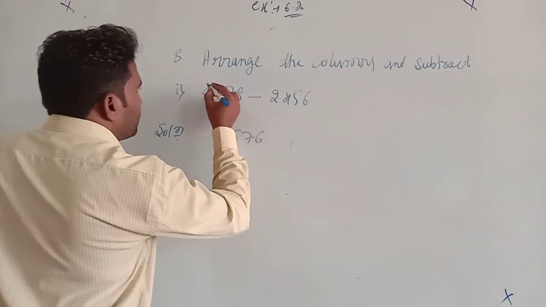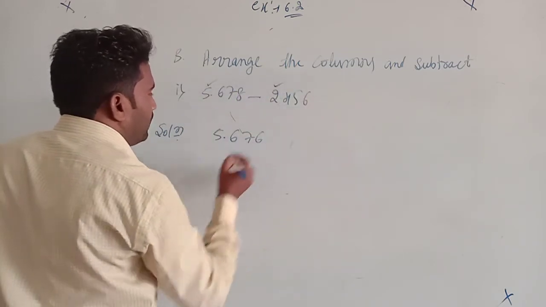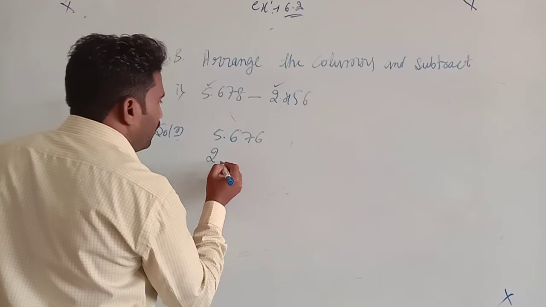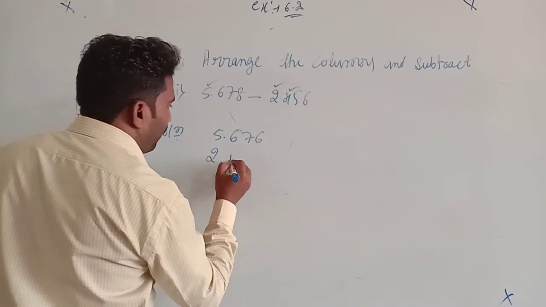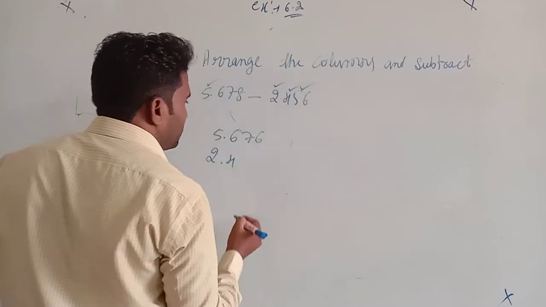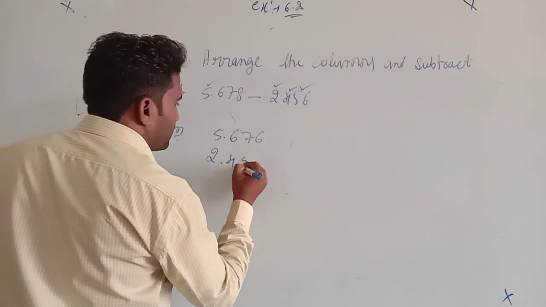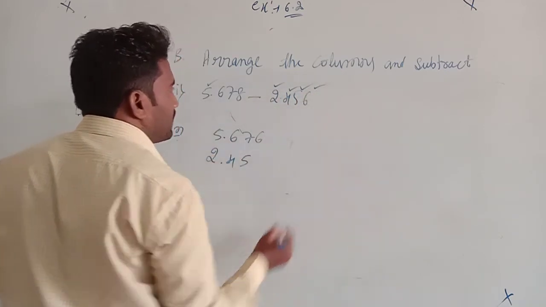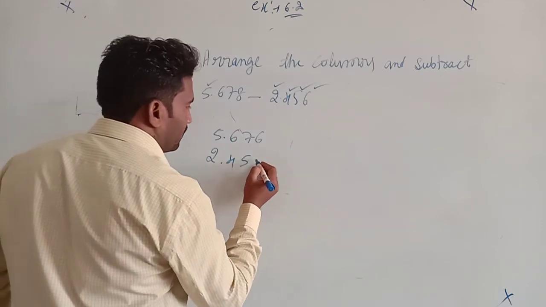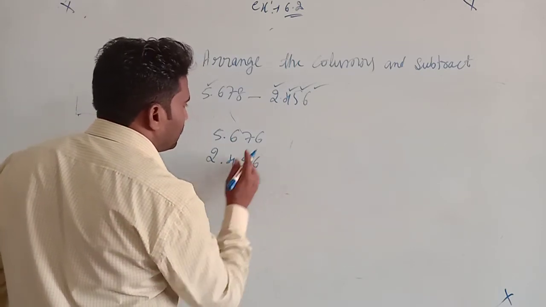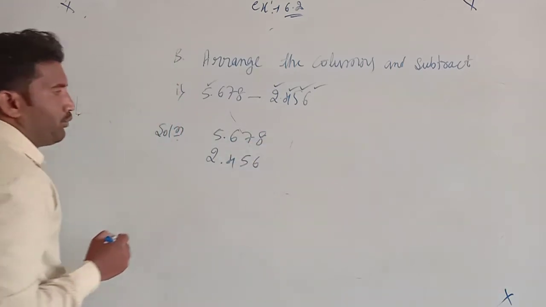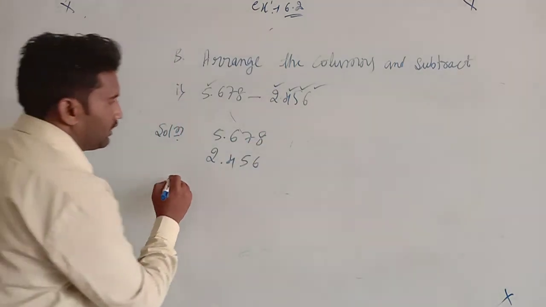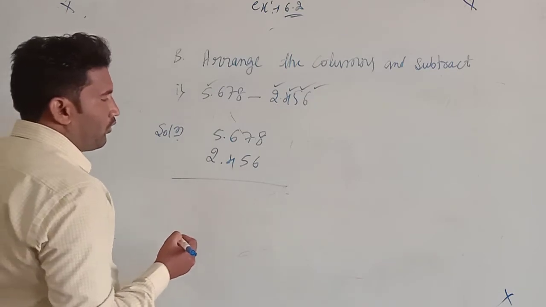Second one: 5 is in the ones place and 2 also in the ones place. Then the point. 4 is in the tenths place, 5 is in the hundredths place, and 6 in the thousandths place. Sorry, it was 8. So 5.678 minus 2.456.